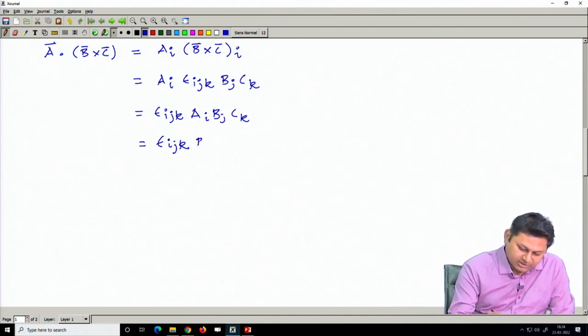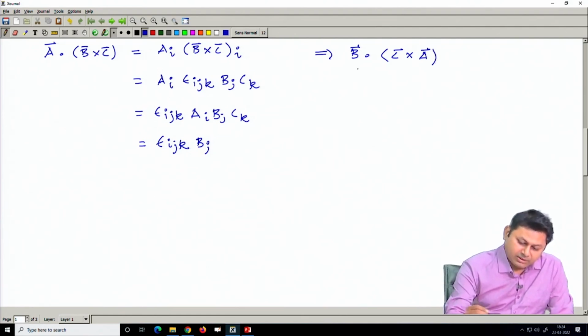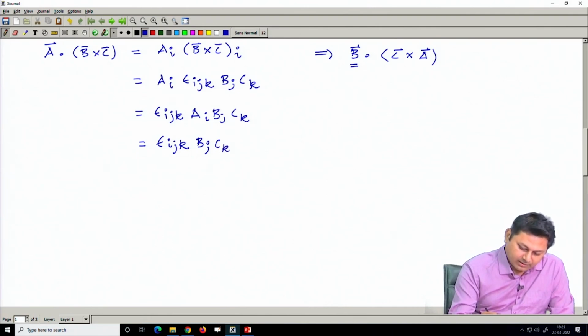At the end of the day I need to prove that this quantity is equal to b dot c cross a. So this b is sitting here, that is why I write b here. I just replace this and rearrange, and then c cross a, so I put c_k here and a here. I just change the order.